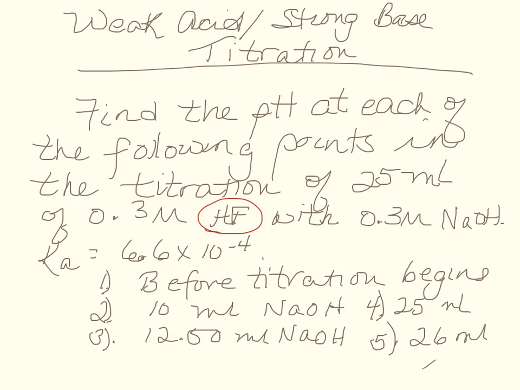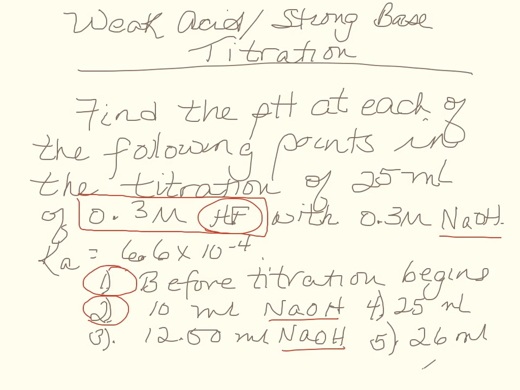A titration problem will typically ask you to calculate the pH before the titration begins, and that means simply what is the pH of the weakly acidic solution before you add any of the titrant. And then it'll ask you in increments what the pH is as you begin to add the titrant.